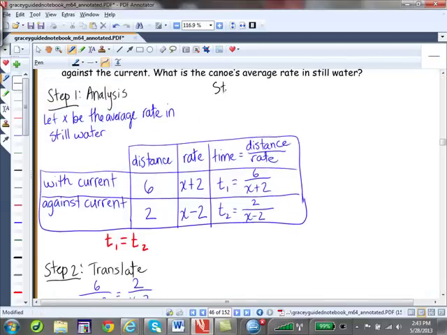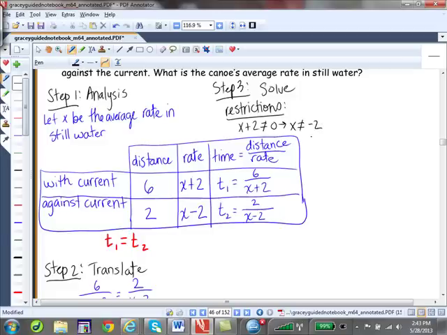So step 3, solve. So restrictions. We've got a couple of them. X plus 2 cannot be equal to 0, which means x cannot be equal to negative 2.